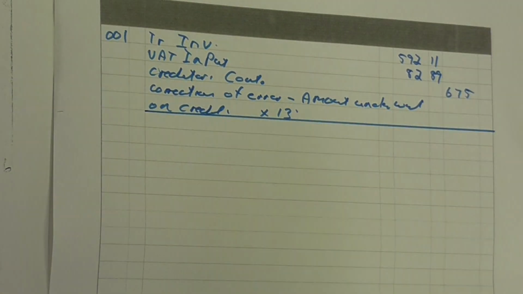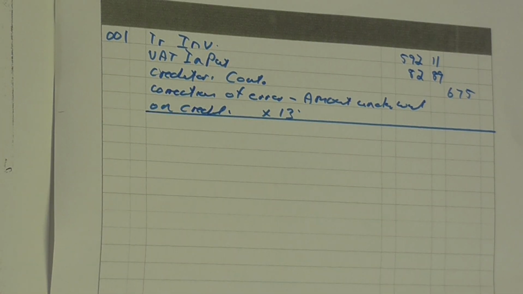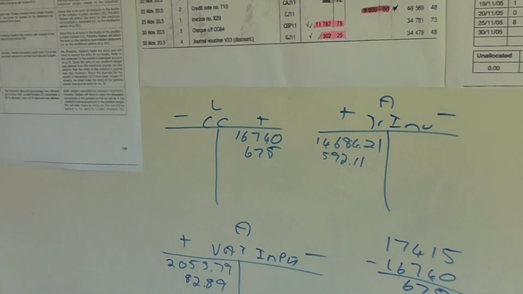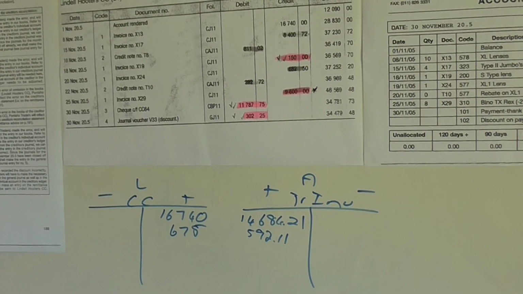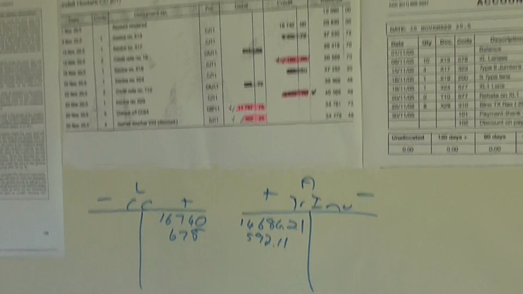Great. But we are not done yet. All we did now was transfer that information onto the general journal. But once we've made an entry into our general journal for a creditor or a debtor, we need to transfer that information to the creditor's ledger.